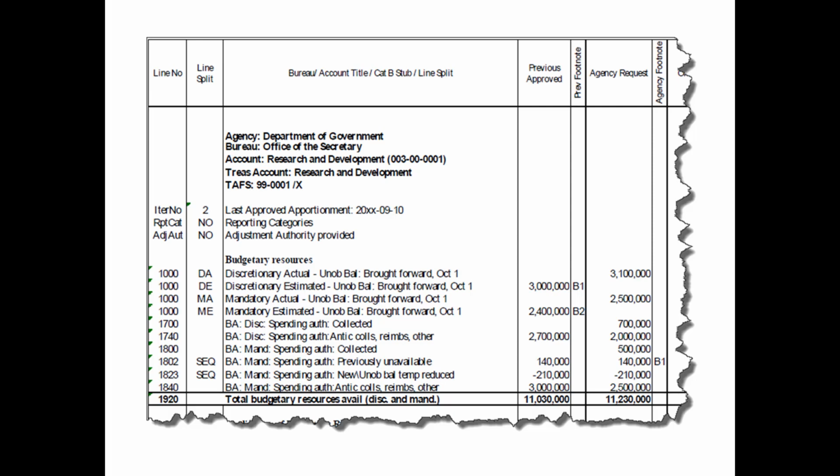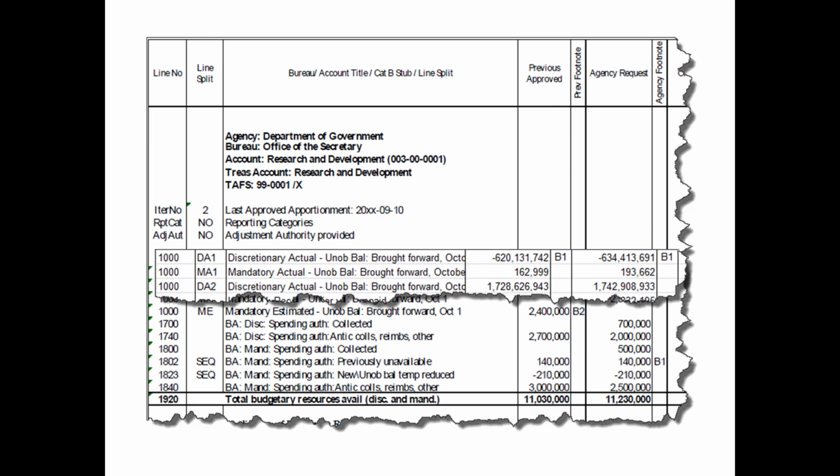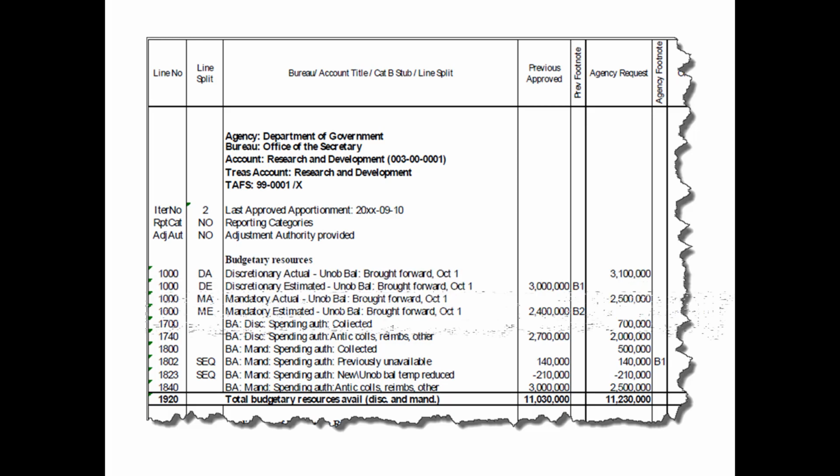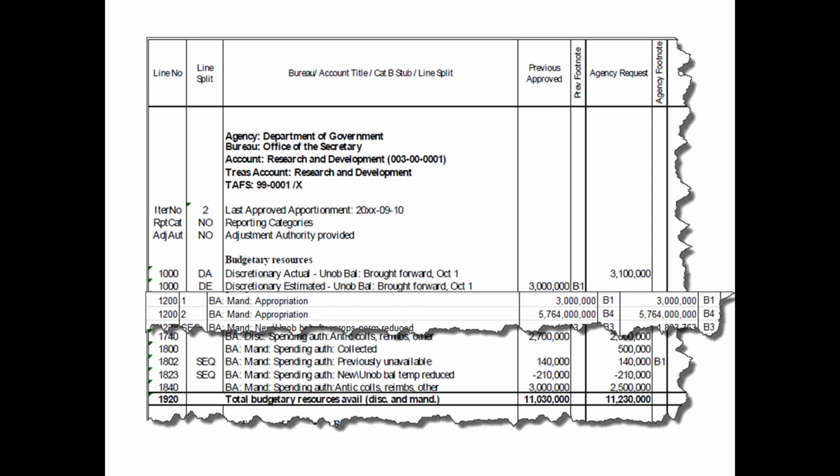In addition to these required line splits, you may optionally use the line splits to distinguish between two or more amounts that you would otherwise put on a single line. For example, you may use line splits like FDA does to distinguish between available and precluded unobligated balances, or to distinguish between two or more sources of appropriations.